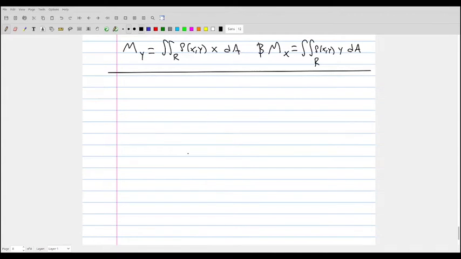The center of charge for a region is the exact same formulas, but with a charge density function.